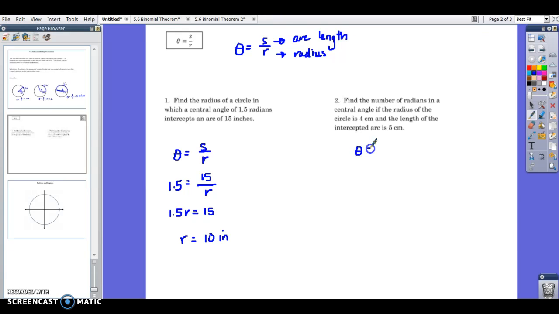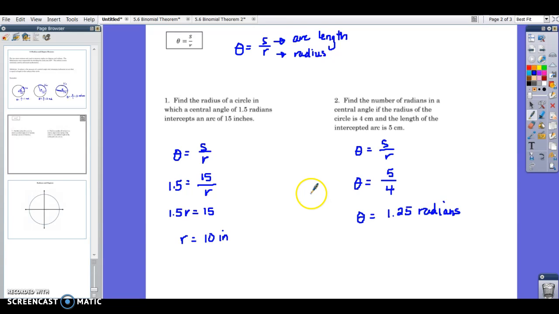Similarly, over here, theta equals S over R. Find the number of radians in a central angle. So here we're looking for theta. If the radius of the circle is 4 and the intercepted arc is 5, and those are both in centimeters, so we would say theta is 1.25 radians, or you could leave it as 5/4 radians, either one.